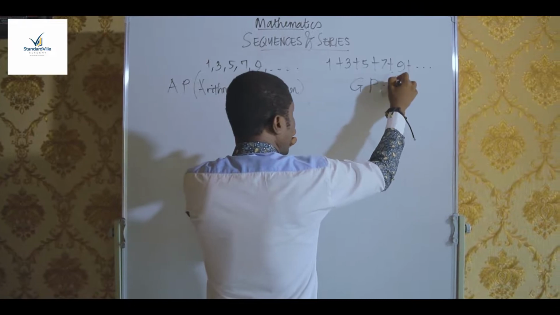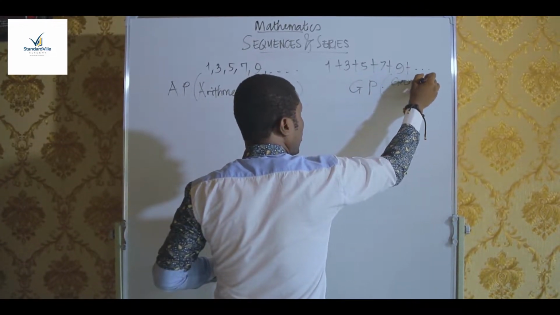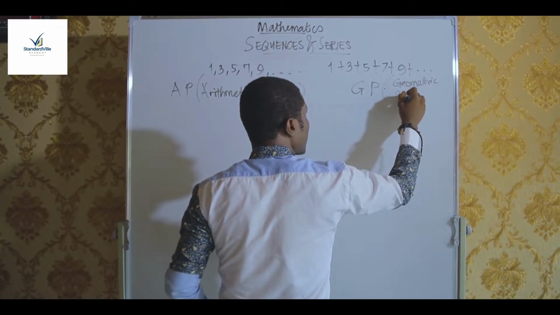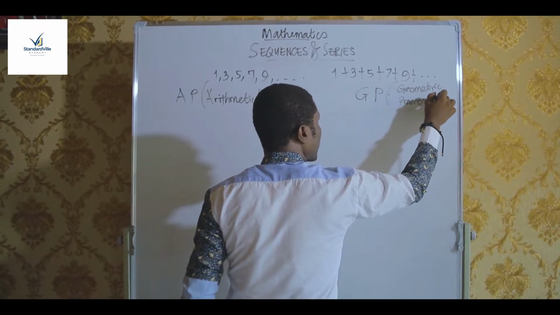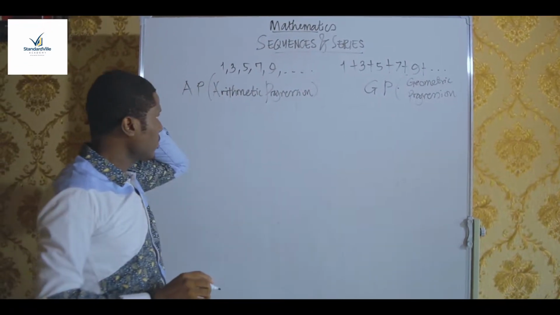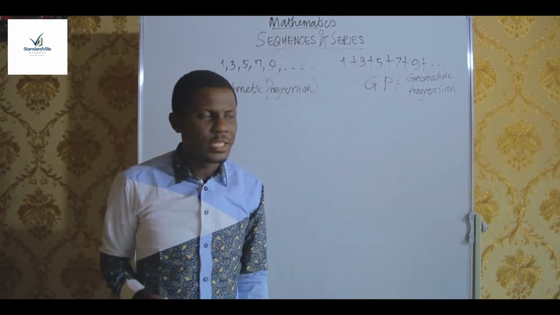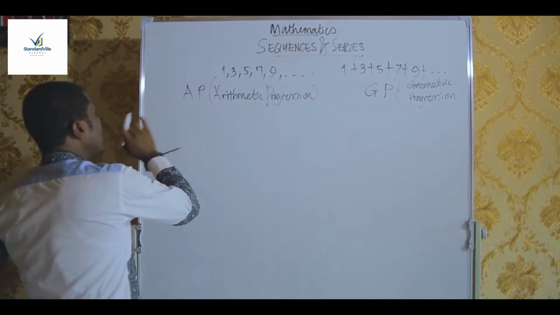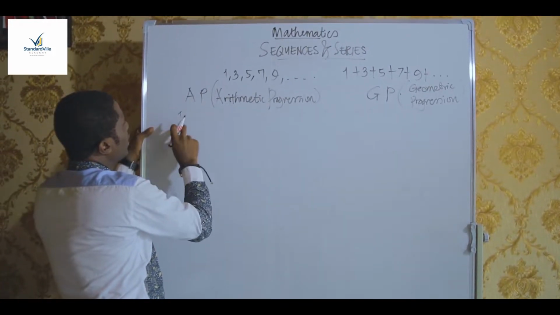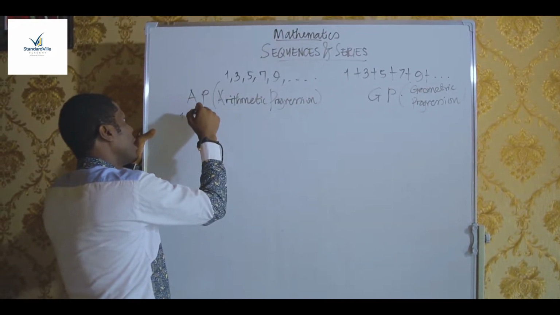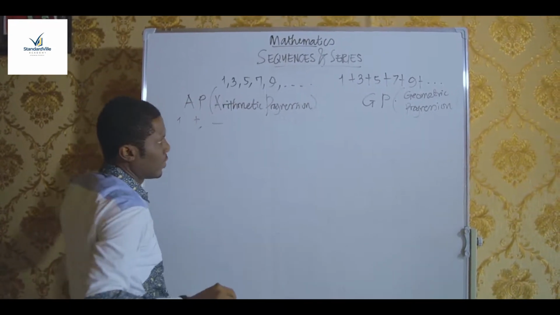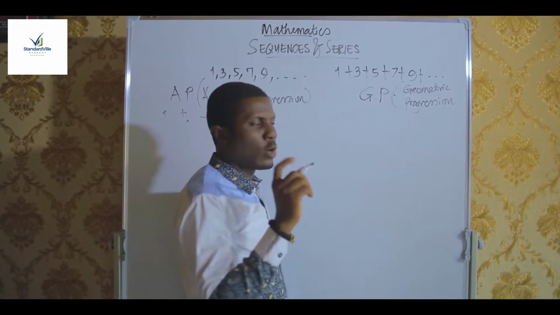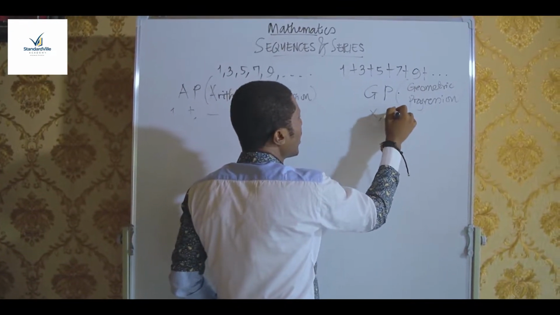When we say GP, we're saying geometric progression. What's the difference between an AP and a GP? AP makes use of addition and subtraction. GP makes use of two other operations, multiplication and division.